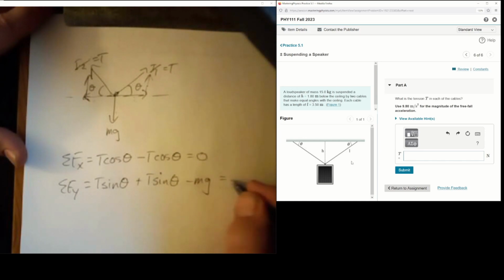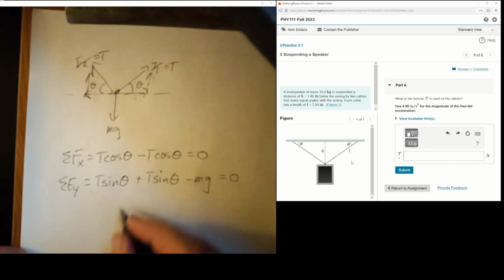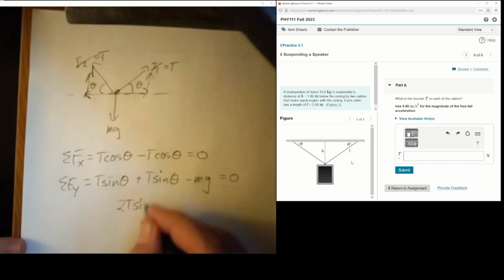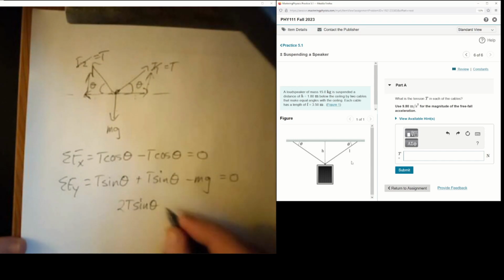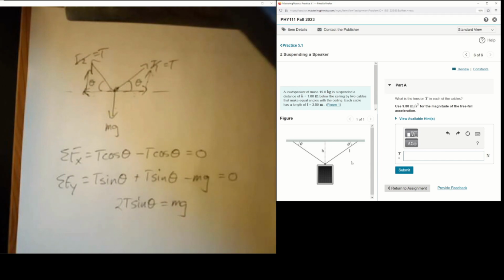It's not moving. Acceleration is 0, so the whole thing equals 0. These are like terms, so we can add them together. Move the mg to the right side, since we're ultimately solving for tension here, is what the question wants. And so tension is mg divided by 2 sine theta.